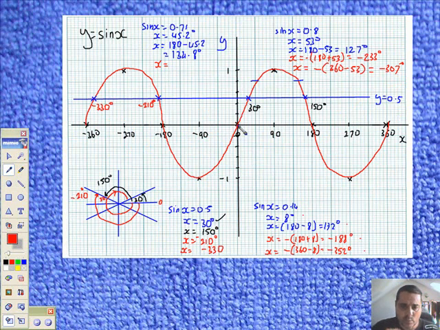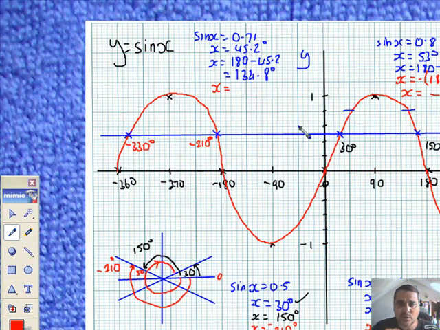You may recall we go around this way now, so 0.71 is about here somewhere, so there'll be a solution roughly there and there, two negative solutions. Based on 45.2, I'm starting here and going 180 plus the 45.2, the equivalent of that little slice there, but it'll be a negative solution.